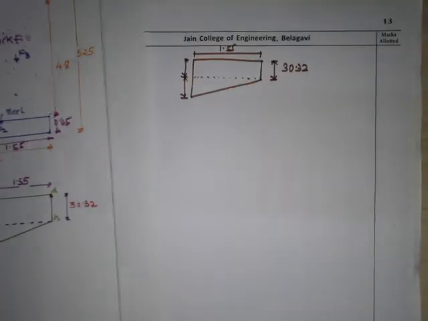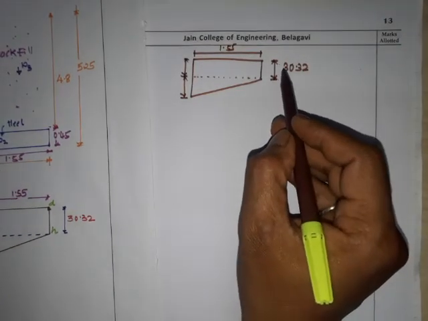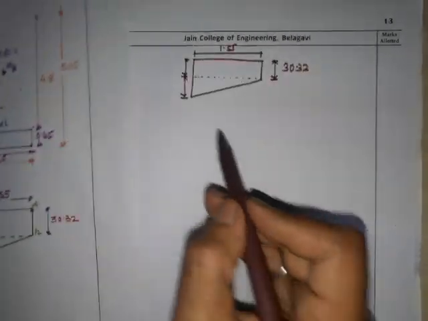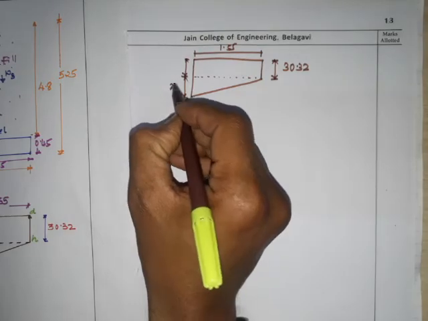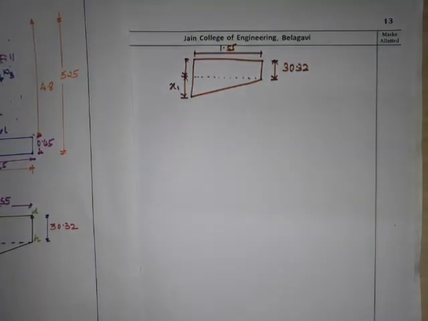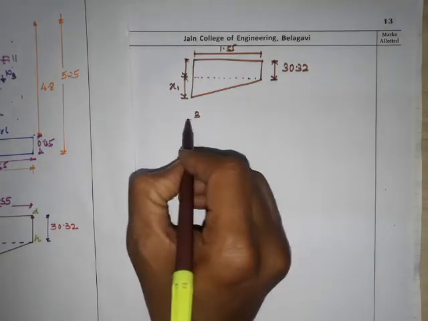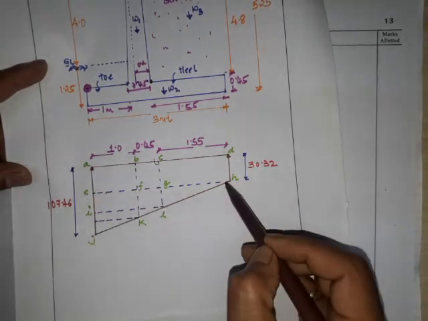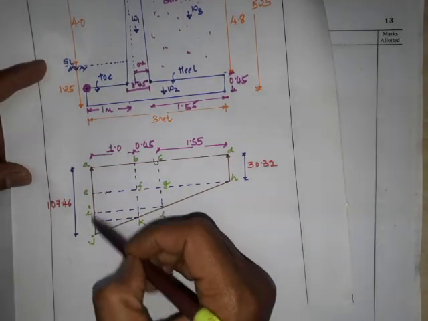Understood? This base width, if you check, is 3 meter. I'll call this x1, so we have to find out x1 now. So 3 meter divided by this height, from here to here.